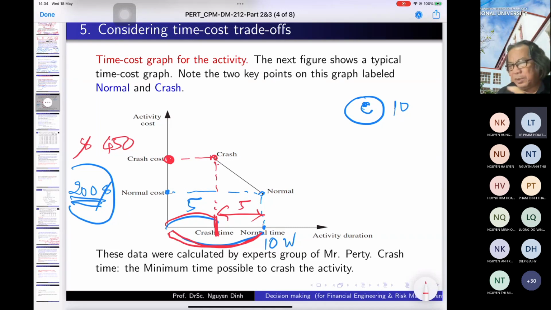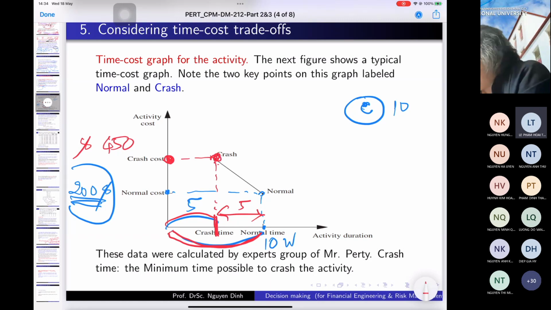This is the calculation for reducing 5 weeks. But in our project, we need to reduce 5, no, 4 is enough. The way we do it is that we want to calculate, if we reduce 1 week, how much we have to pay. So let's take a look.